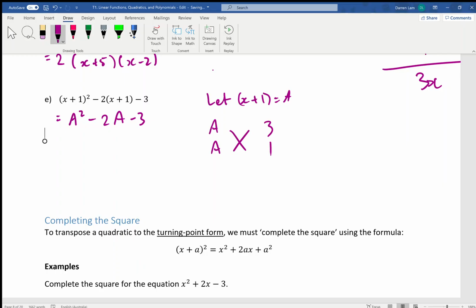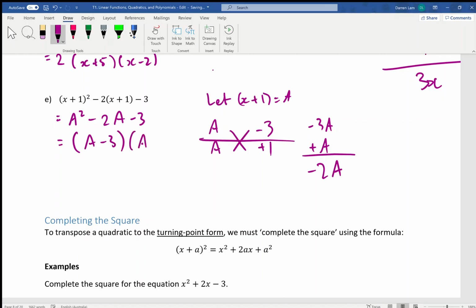Let's just give one a positive, give one a negative for now. What's a times positive 1? Positive a, yep. And this one over here? Negative 3a, awesome. What do they add up to? Negative 2a, that's exactly what I want. So I'm going to write equals a minus 3, and on the bottom, a plus 1.